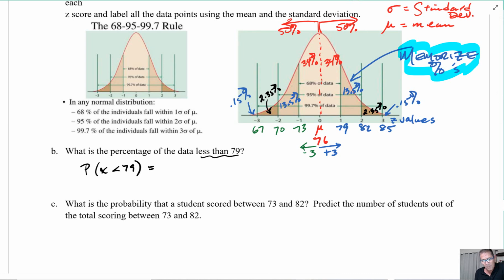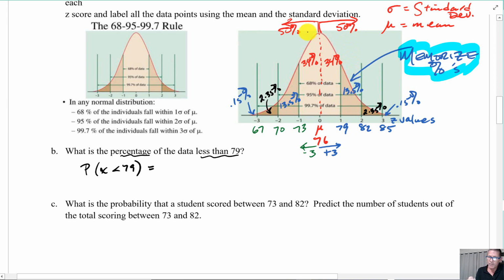So there are different ways to do this. But if you want to figure out the percentage or the probability of the data that's less than 79, you find 79, which is at the z value of 1, or 1 standard deviation to the right. And then you take a look at the percentages.